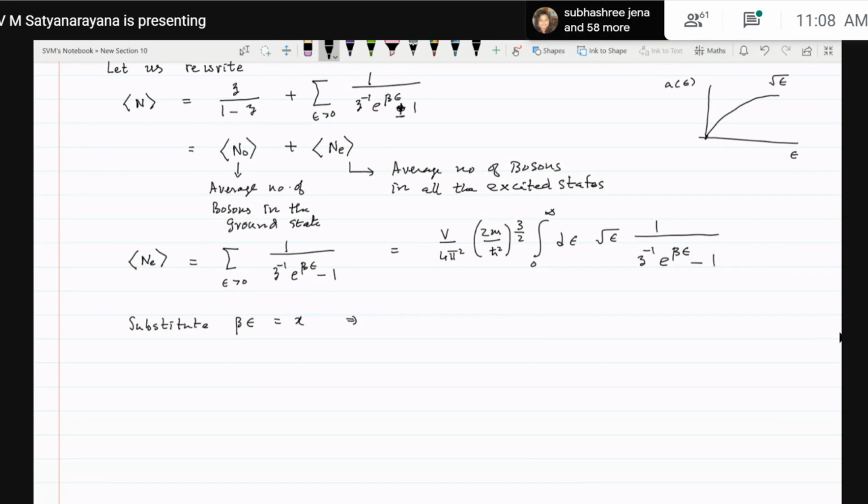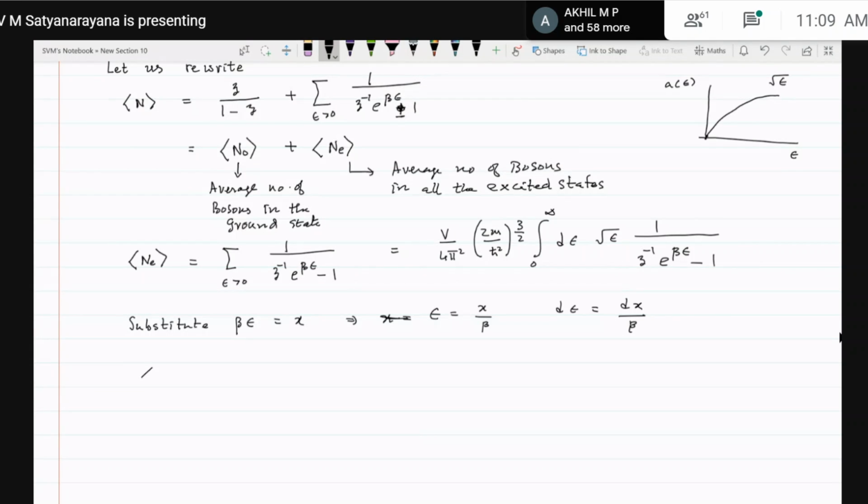So this implies epsilon is equal to x by beta, d epsilon is dx by beta, and root epsilon is root x by beta.